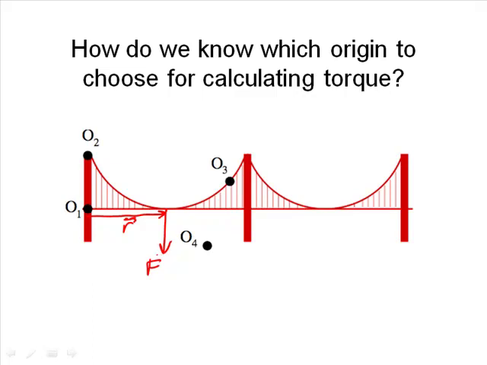That means I have to hold my right hand with the fingertips pointing to the right of the page, my palm pointing to the bottom of the page. That leaves my thumb pointing into the board. So this torque, if I use 1 as my origin, is into the board.